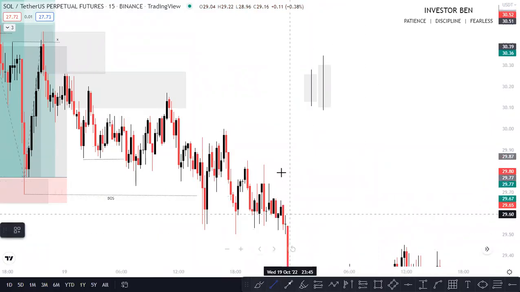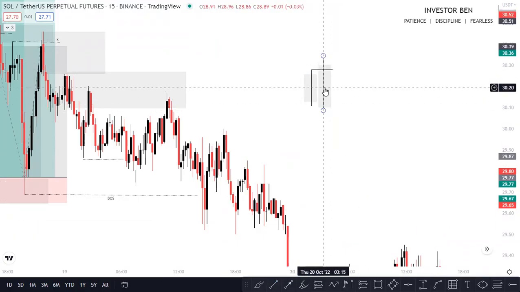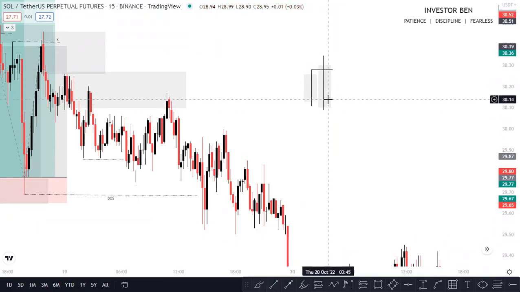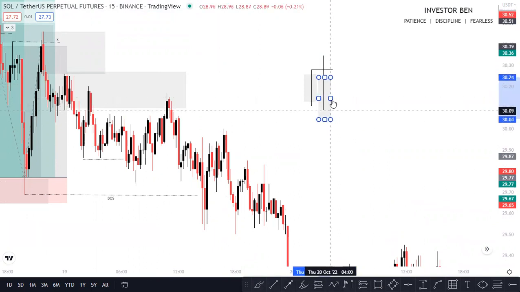Okay, like this now we swept liquidity from this previous candle, right? We swept liquidity.